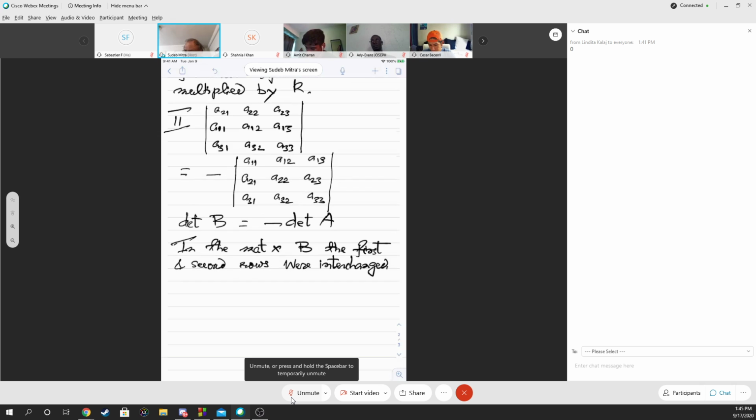And finally, this is very interesting, number 3. Second row, you multiply the second row by a factor k and add it to the first row.